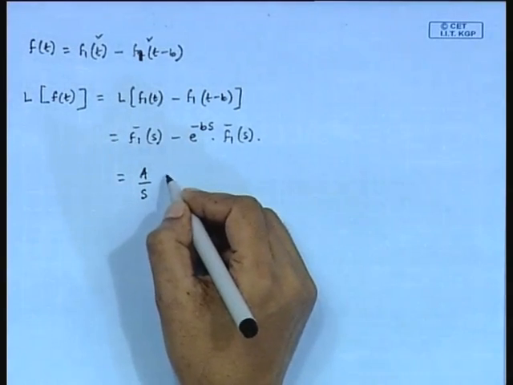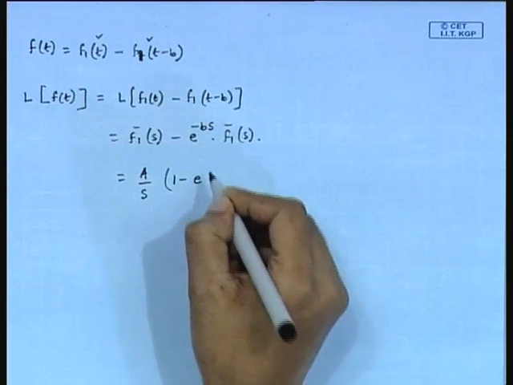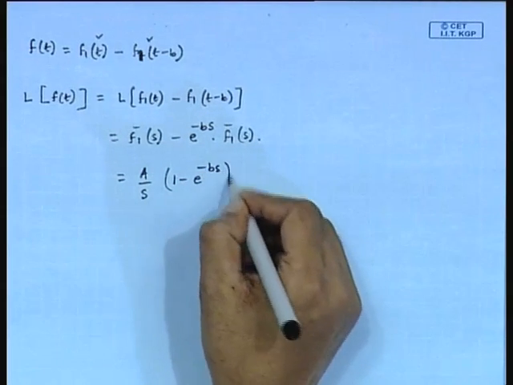So we get a by s times (1 minus e to the power minus bs).